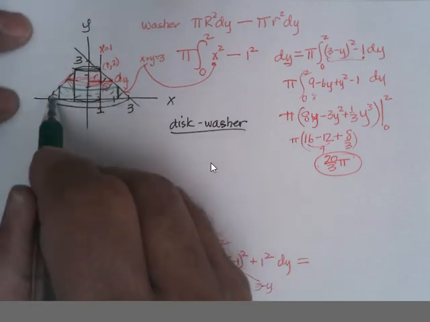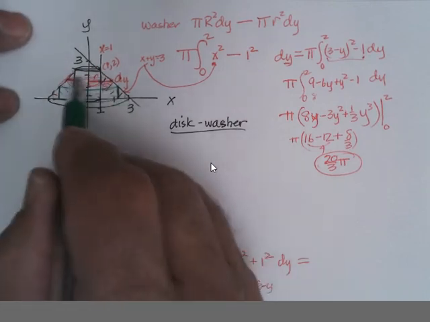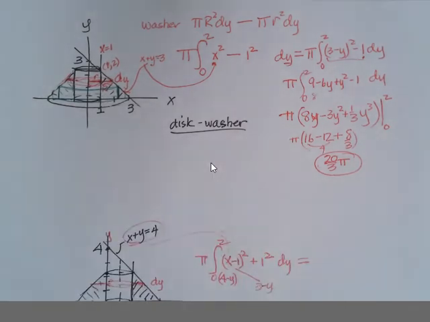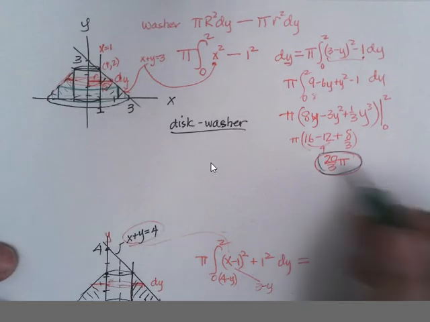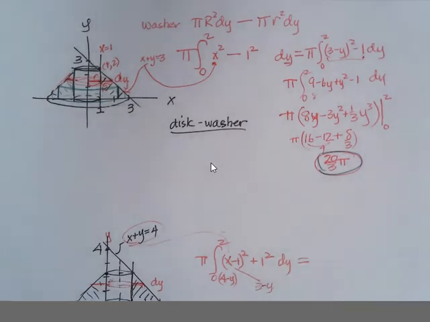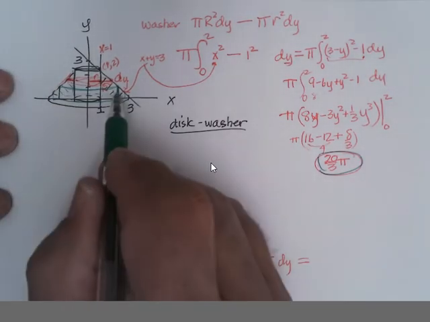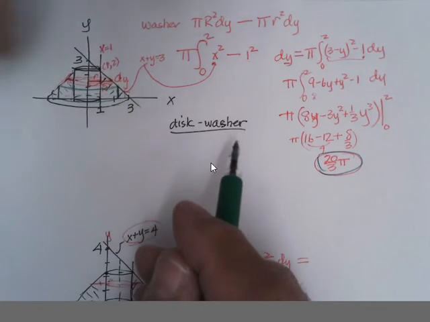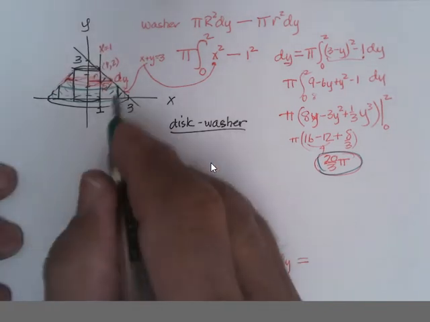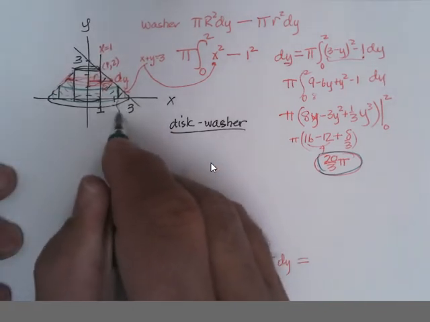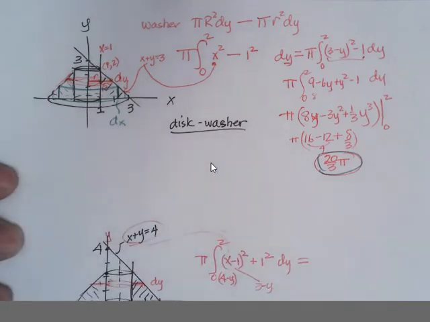There'd be another one that's a little shorter out here, and there'd be some in here that are taller and smaller radius, but that's the pieces of pipe. Now I'm doing the same shape, so I should get the same answer of 20/3 pi. So the thickness of the wall of the pipe is going to be a dx.